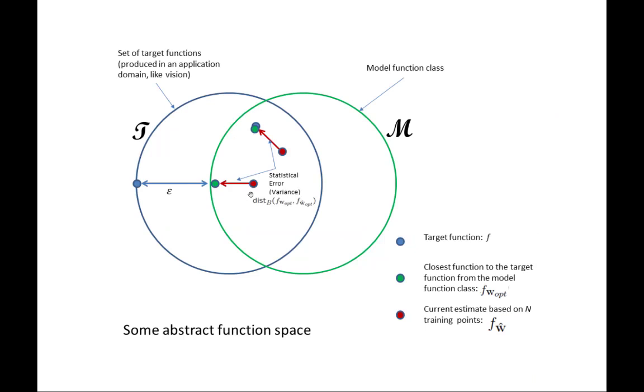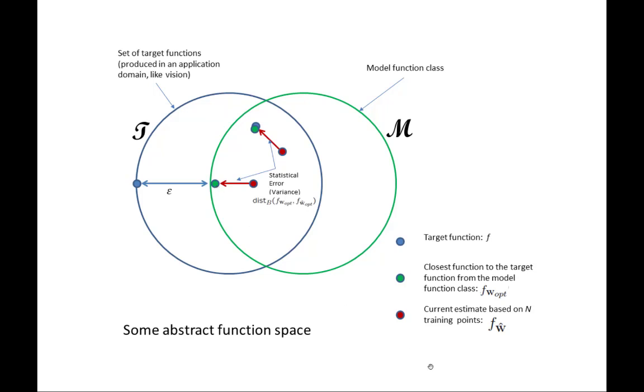There are also statistical issues, which is not so much the focus of this lecture. So how many data points do I need so that I can identify the best element in the model class? With finite data, I might think this is a good model, and only if I have more and more data will I converge to the best possible element in the model class.